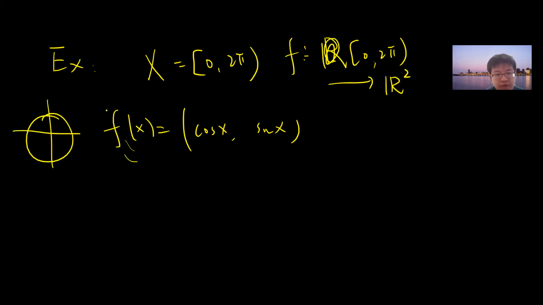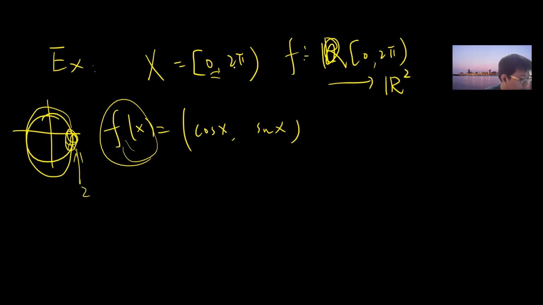So f is continuous, except that when you approach 2 pi there is a gap in the domain. Still, f is continuous because it is still on a circle, but the inverse does not exist continuously.